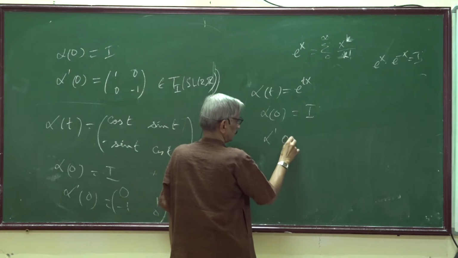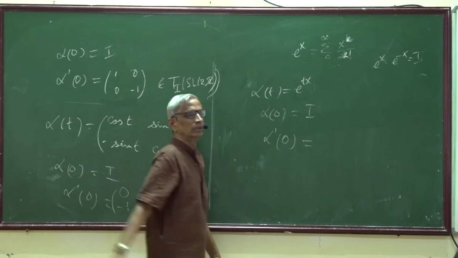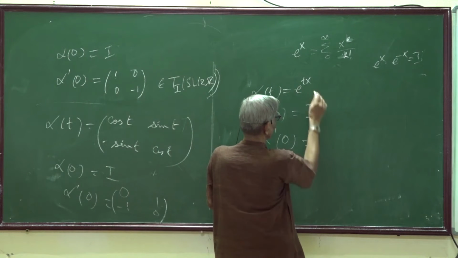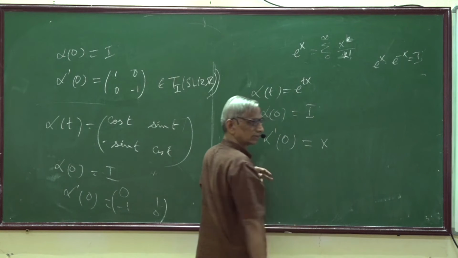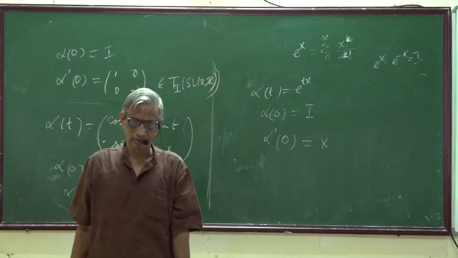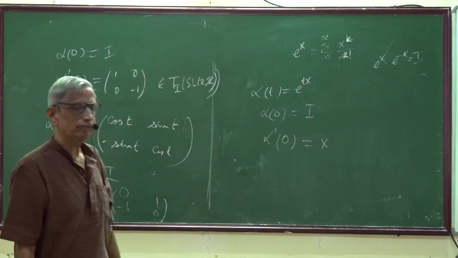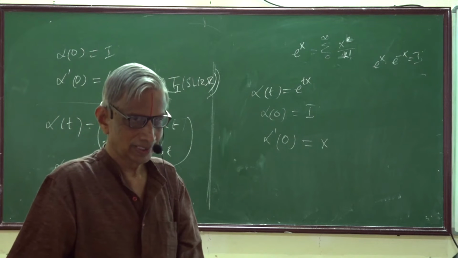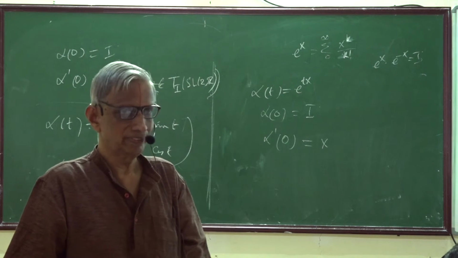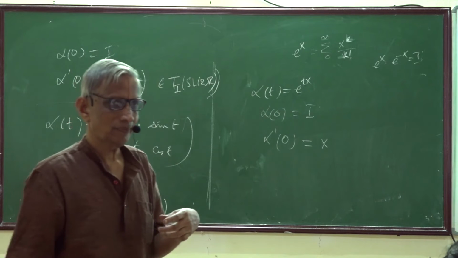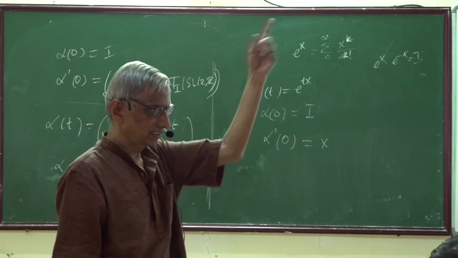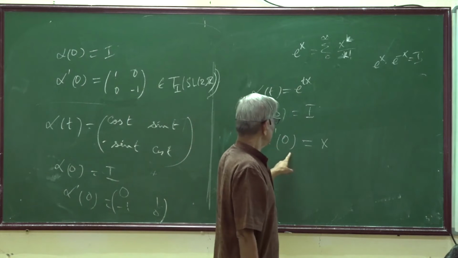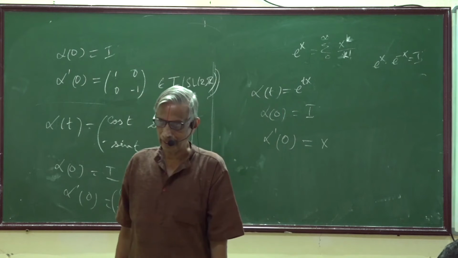What is alpha prime 0? Alpha prime t is x times e power tx, so alpha prime 0 is x. I'm leaving some of these for you to verify. We had done this earlier in one of the classes when we discussed the inverse function theorem.